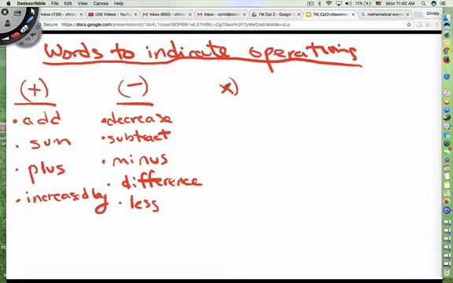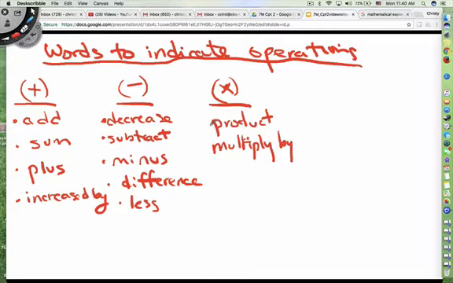When we hear multiplication, product is one, multiply by, sometimes groups, how many groups of 5, times 7 times 3.